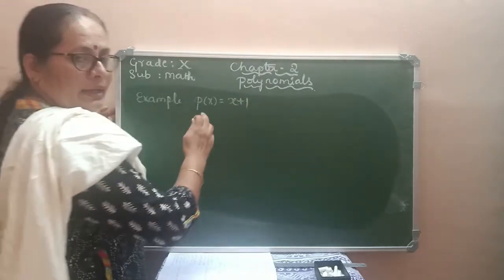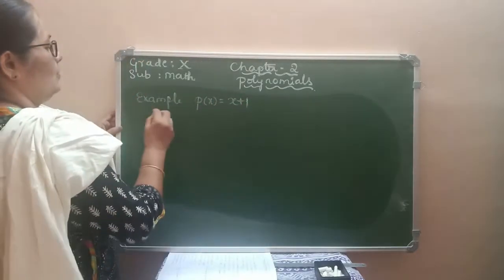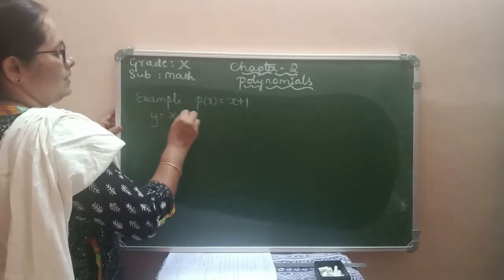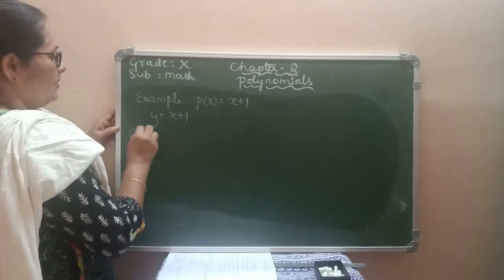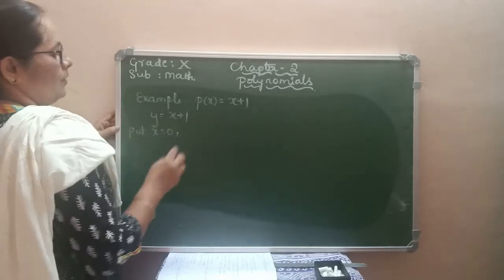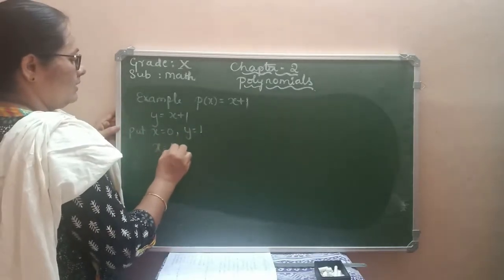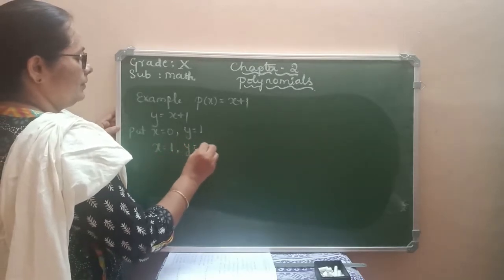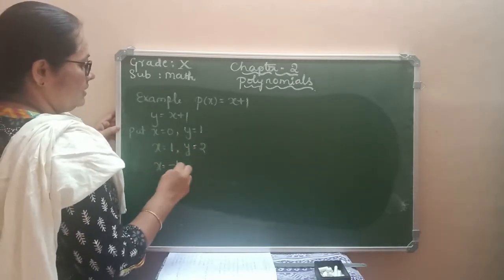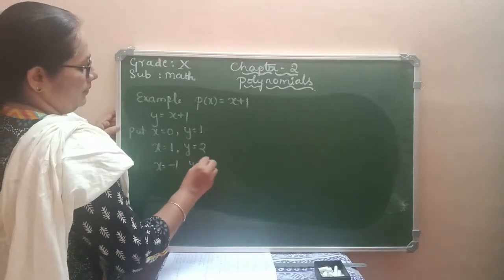Now we'll plot the graph for this polynomial. So y equals x plus 1. Put x as 0, y is 1. When x is 1, y is 2. When x is minus 1, y is 0.